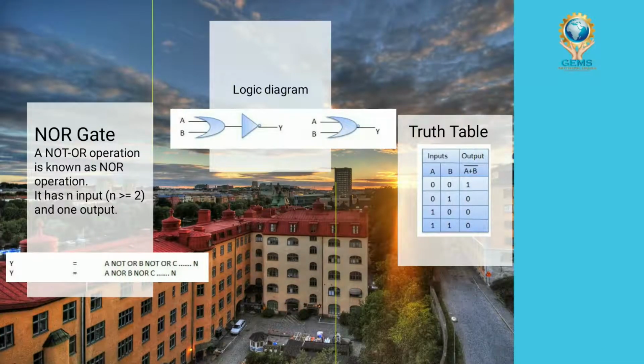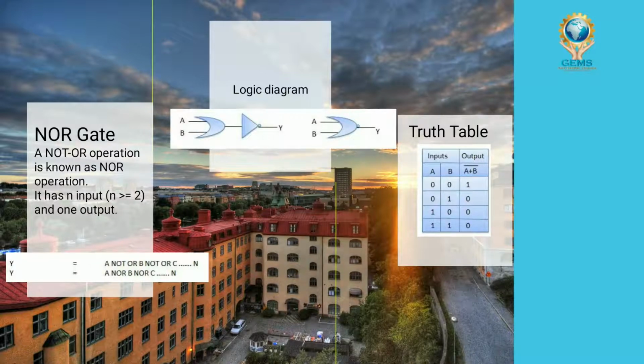And then the NOR gate. The NOR gate is simple, just adding NOT plus OR. We have seen the AND gate, AND truth table and AND diagram. Then we have seen the OR gate diagram, OR gate truth table, then the NOT gate, then NAND and NOR.